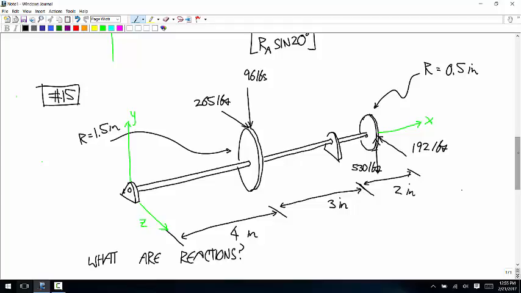The general answer is we only put those couples in if it's needed for equilibrium. The more specific way of thinking about it, and the way that it comes up almost all the time, is if you have two of these pin joints that are along the same axis, then you're not going to include those couples. If you only have a single pin joint, then you are going to include those couples.